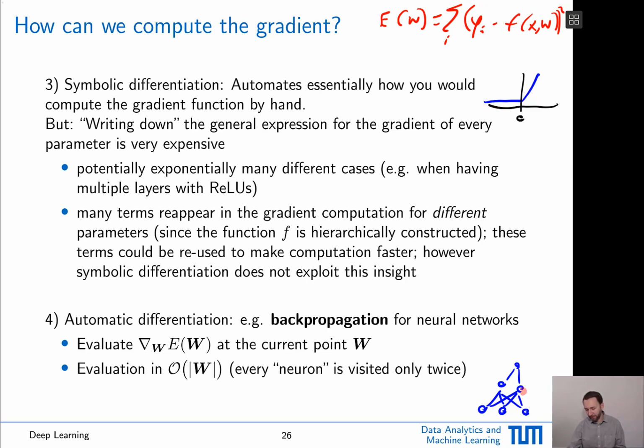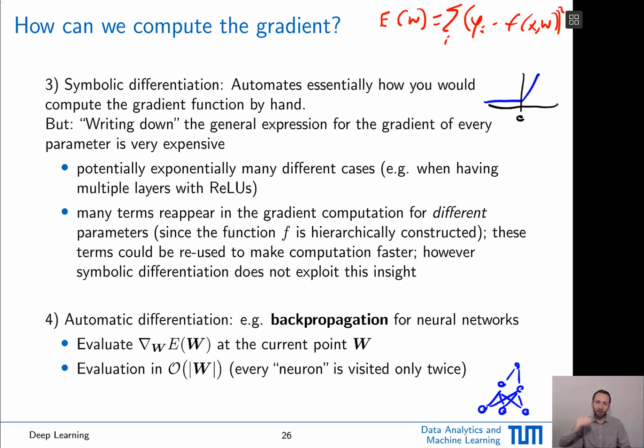So 2 cases. This neuron can either be on the negative side or on the positive side, and here as well. And you see that, of course, since these neurons have different choices or cases, also the gradient looks different. So either the gradient is 0 or the gradient is 1. Gradient 0 or 1, gradient 0 or 1, for example, right? So you see that in general the gradient of the full function has exponentially many different cases because we have all these different combinations which can kick in, so to say, okay?